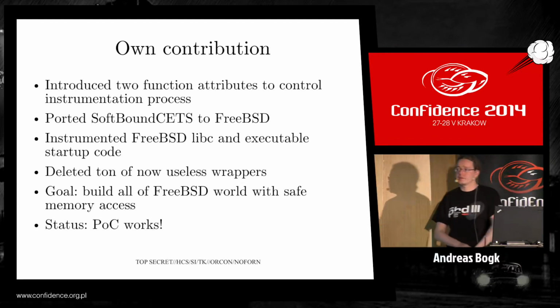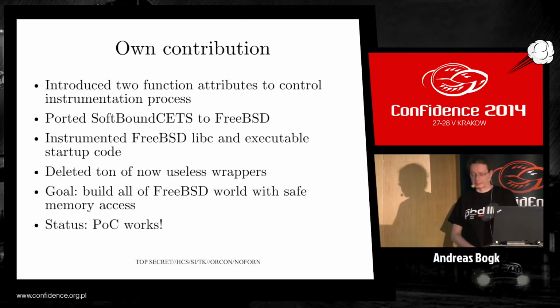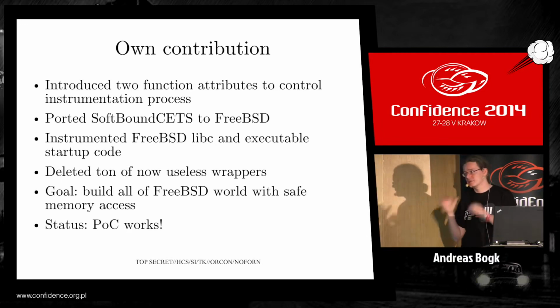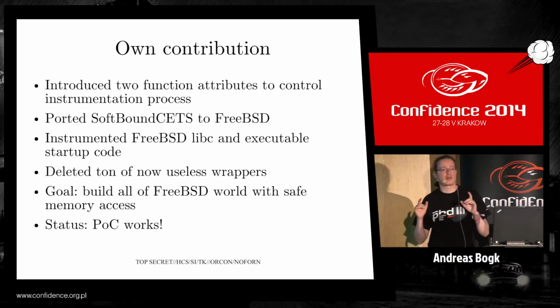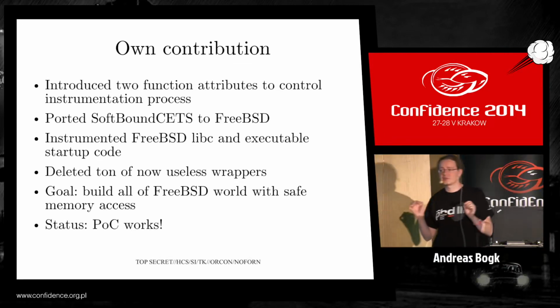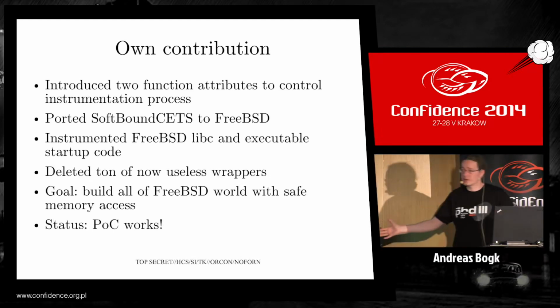And the original project actually had a list of libc functions and wrappers for them inside the module. If you wanted to call external libraries that weren't compiled with SoftBound CETS active, you'd need to go into the LLVM module at that function name and recompile your compiler, which of course doesn't scale, right?